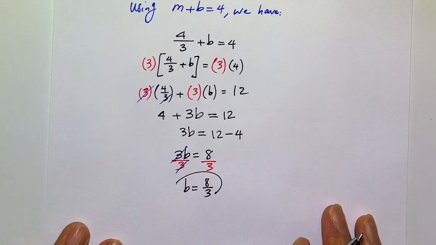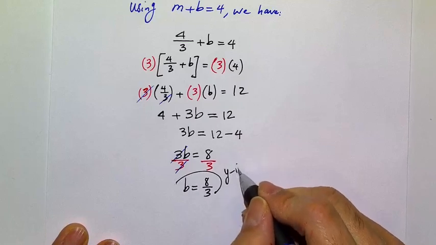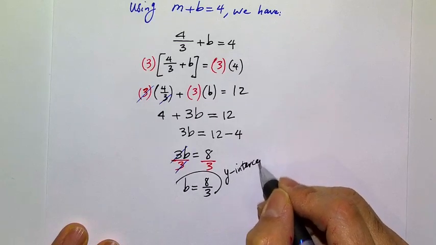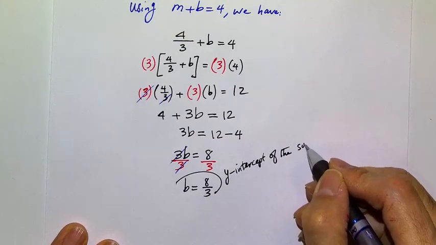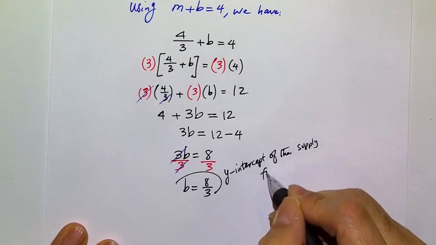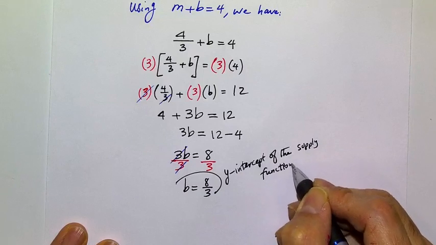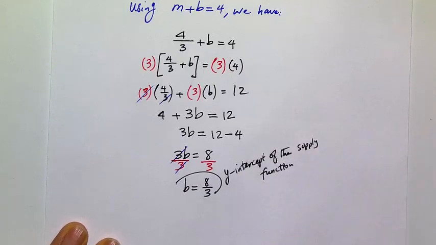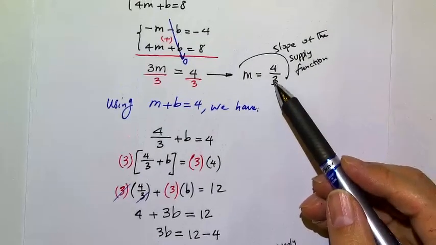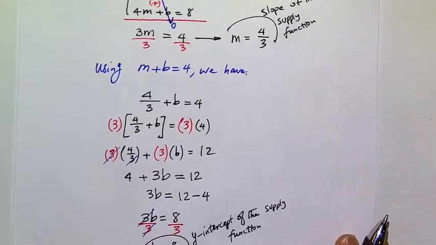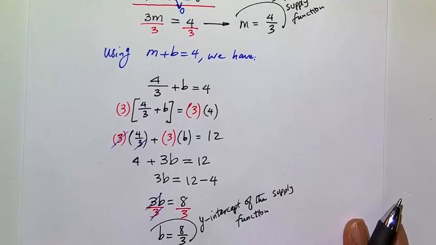So this is the y-intercept of the supply function. So putting these two together, the y-intercept and the slope that we found earlier, let's do that.